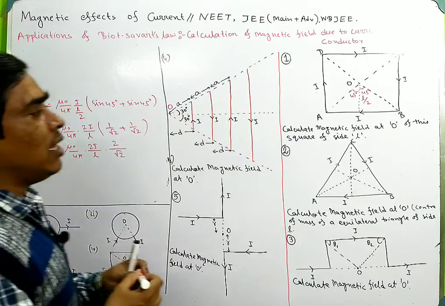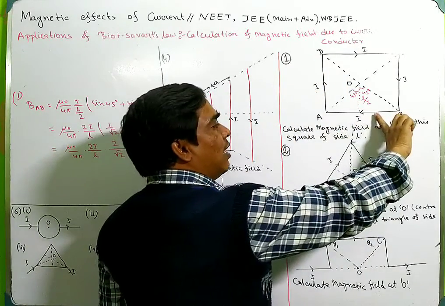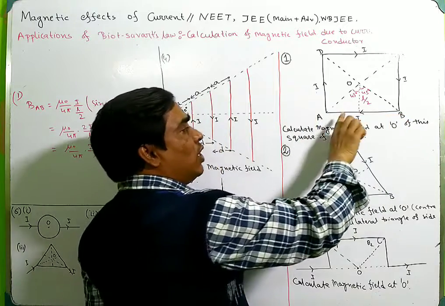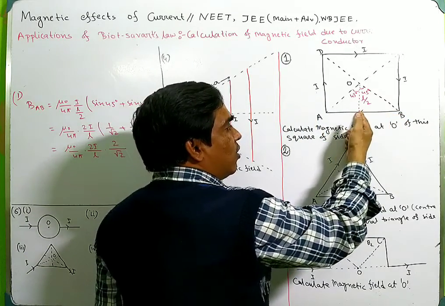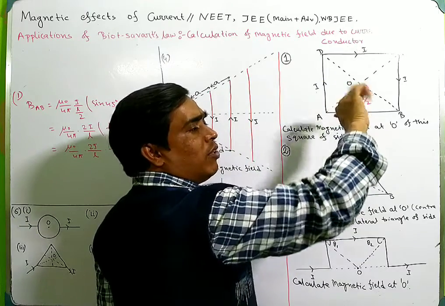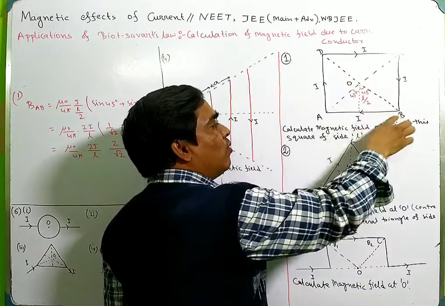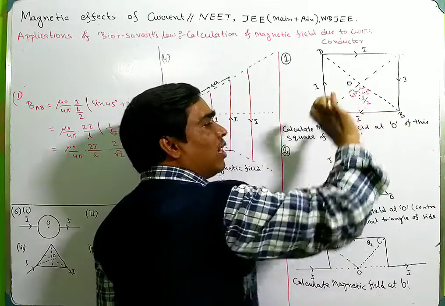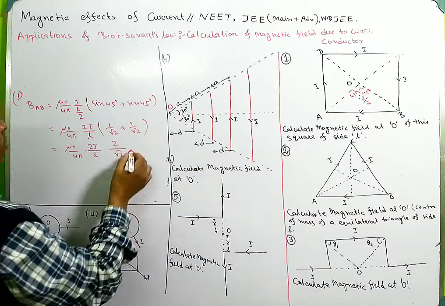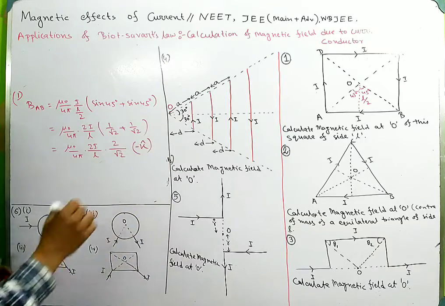Now, this is my hand: the direction of I is along this direction and the direction of L is along this direction. So using the vector product, you can write that the magnetic field at O due to this AB portion is inward, so it will be minus k cap.